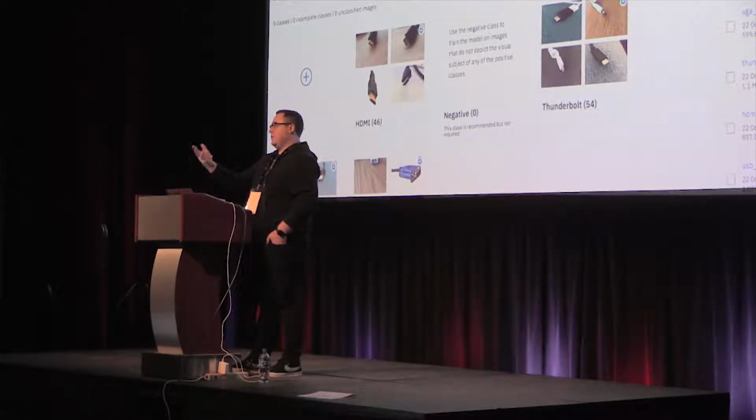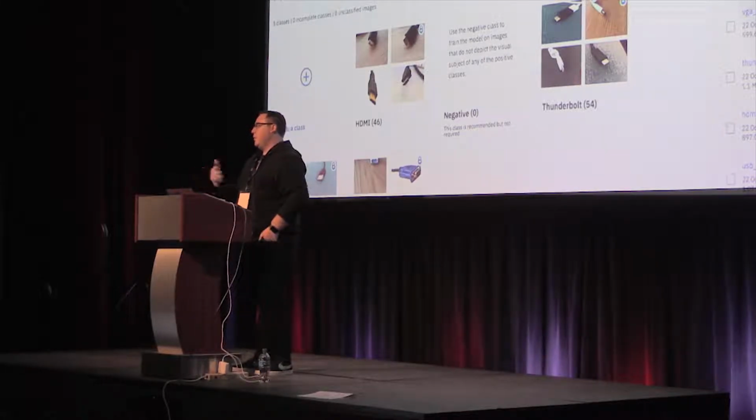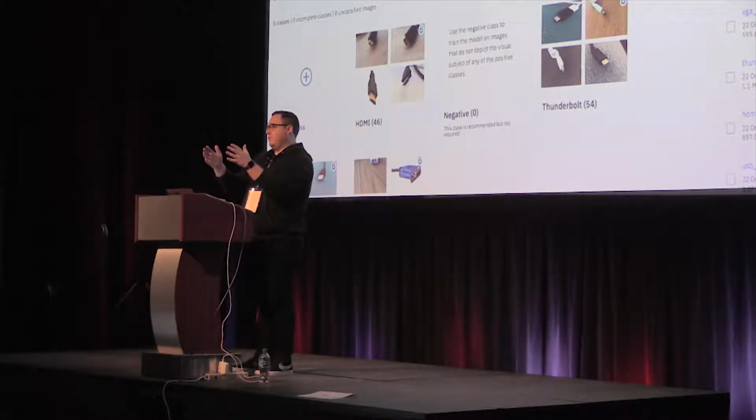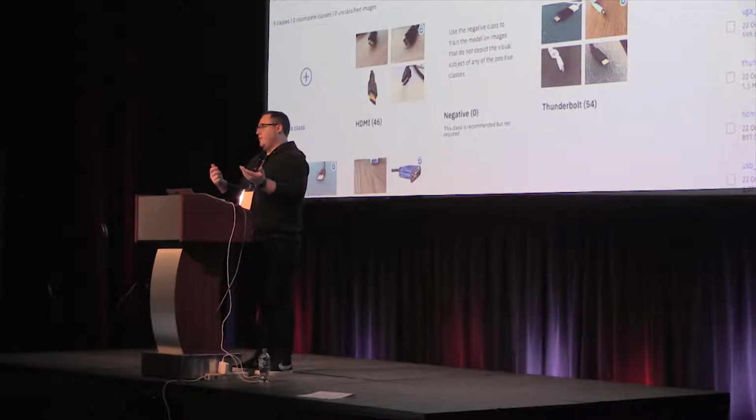But also I think the question you're asking is if you could retrain it from the phone. So you could use the SDK to retrain the model. I'd say in general, that's probably bad practice to give your users that much control. Say your user is taking a photo of a USB cable, and it's classifying it as HDMI, which is clearly wrong.